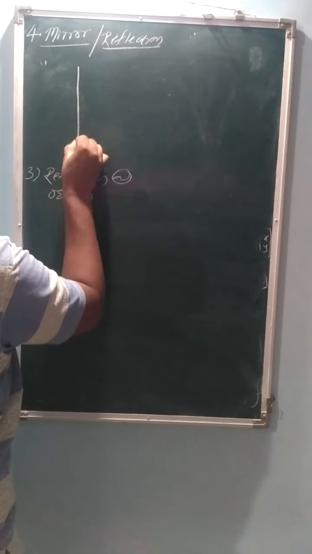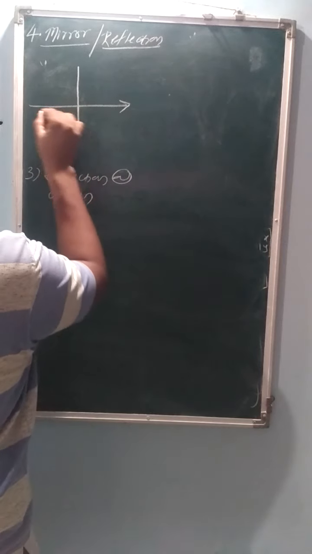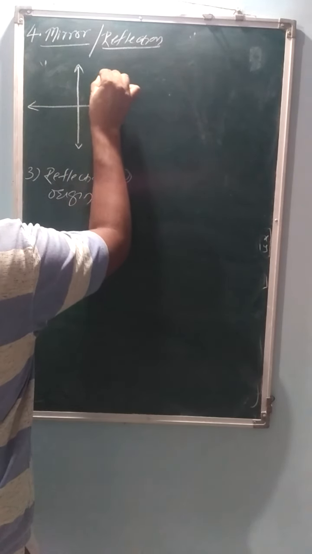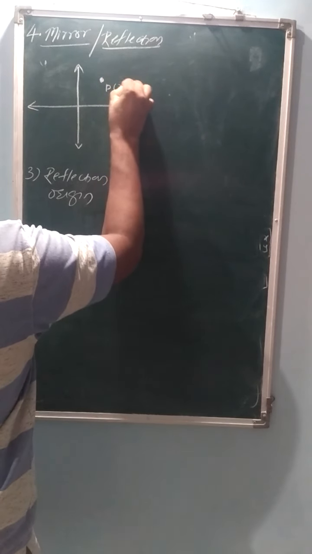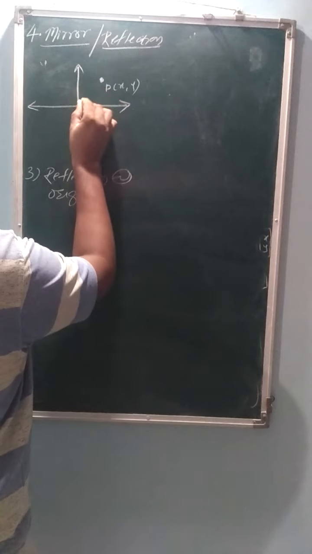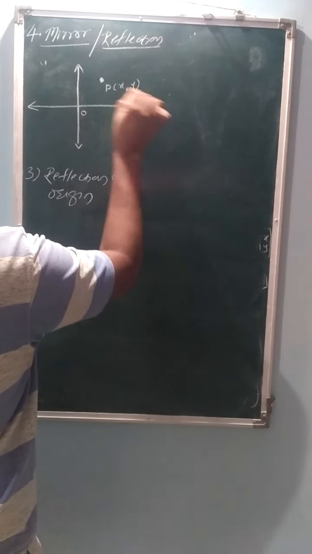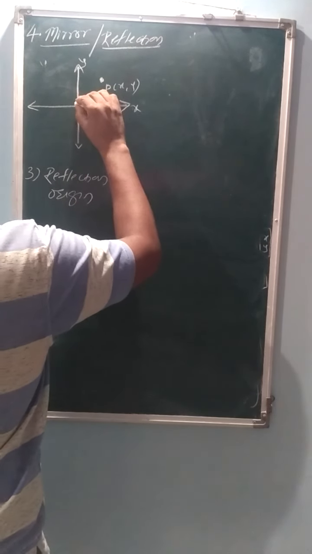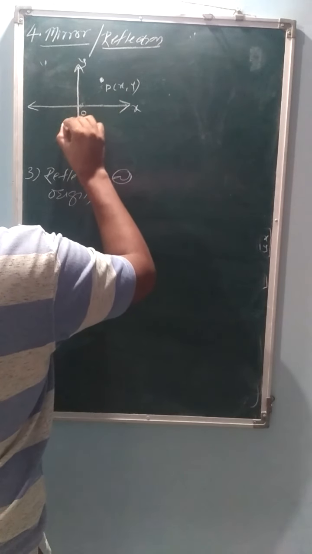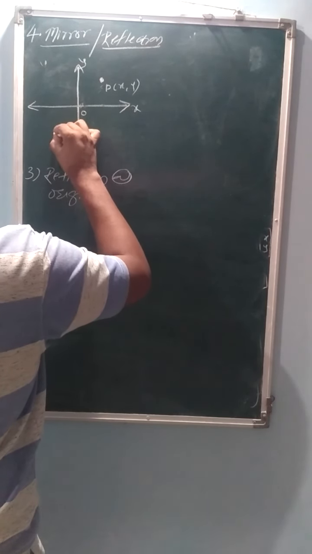Here we will consider a single point having coordinates x, y, and suppose this particular point is getting reflected about the origin. Definitely this reflected point will be in the third quadrant.